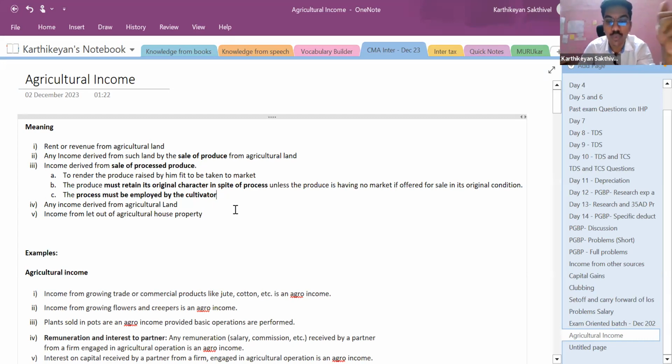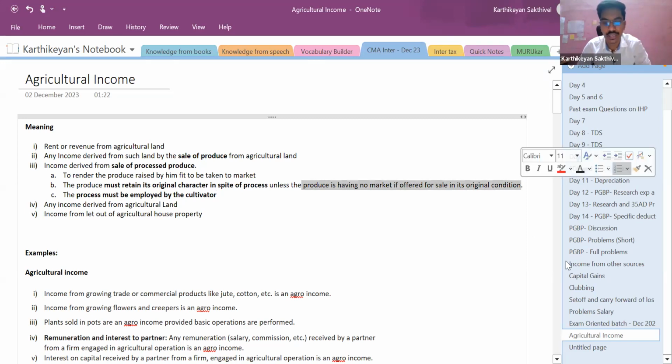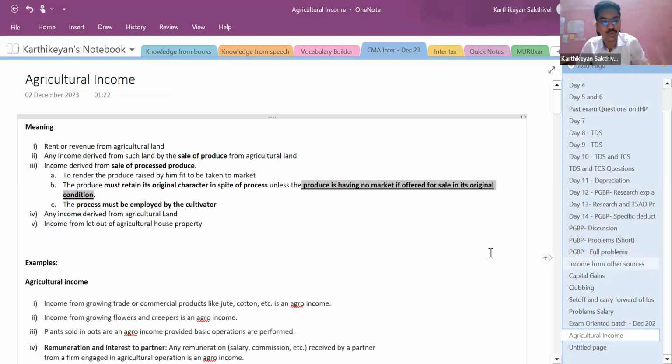Okay, wow. So whatever process is necessary alone, only that process is to be carried out by the cultivator. Next, the produce is having no market value if offered in its original condition.